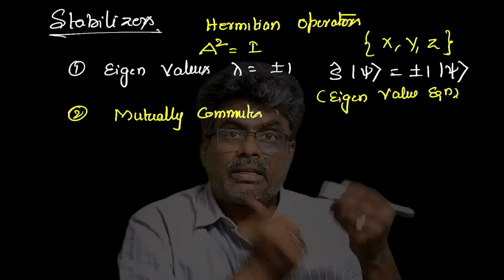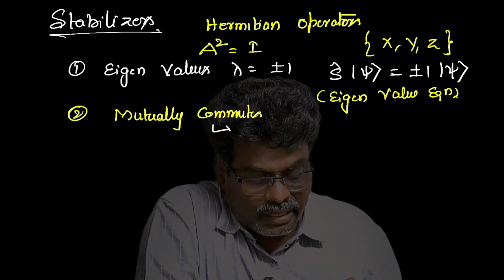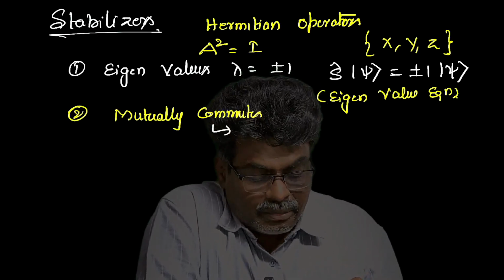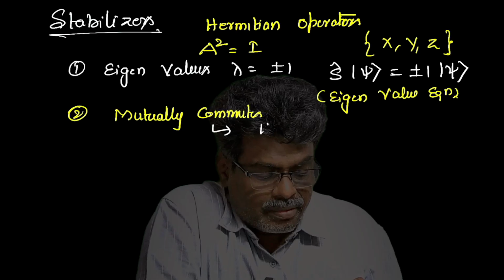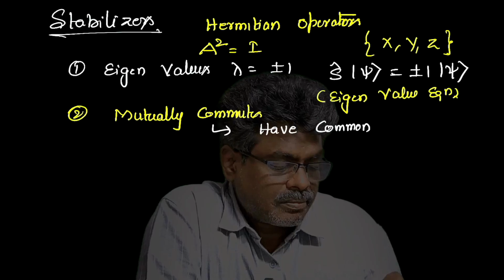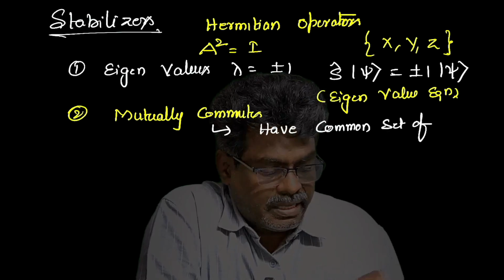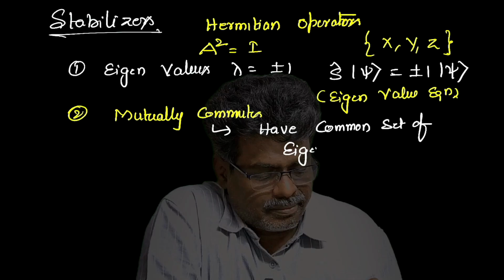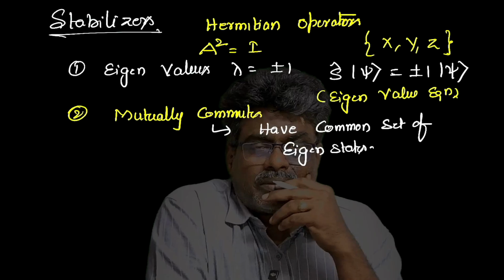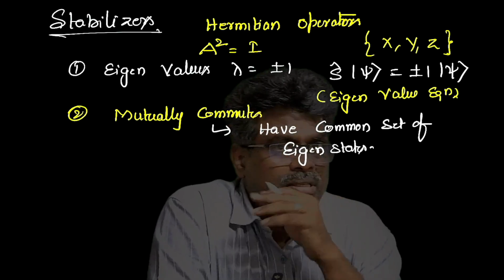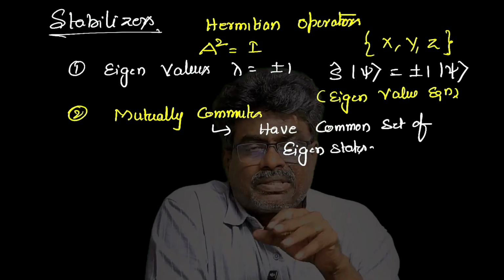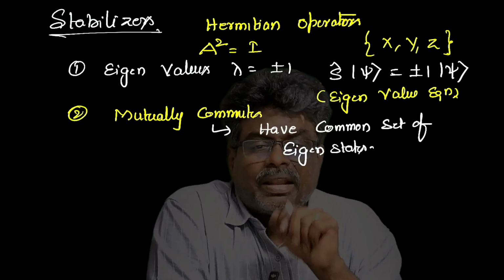Whenever two operators mutually commute, they have a common set of eigenstates. Okay, fine. So that means if Z1 Z2 has an eigenstate psi, then that psi is the eigenstate of Z2 Z3 also, like that.